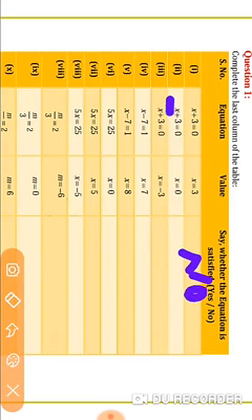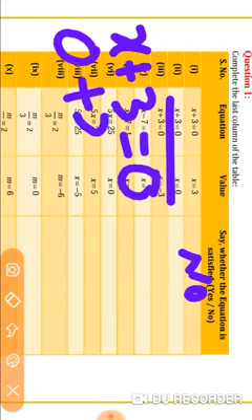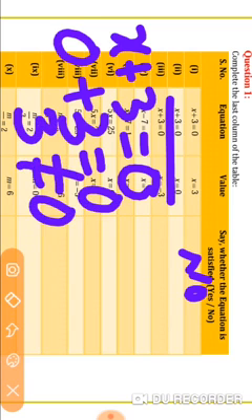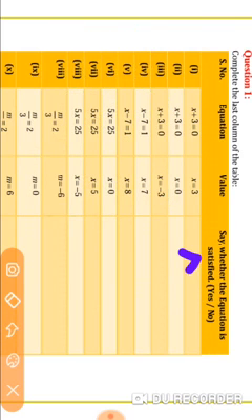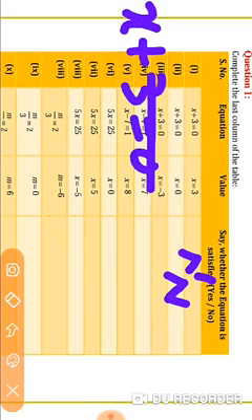Now the second question. Substitute x equal to 0. So 0 plus 3, which is 3. Is it equal to 0? No, so this is also no. Next question: x plus 3 is equal to 0 at x equal to minus 3.